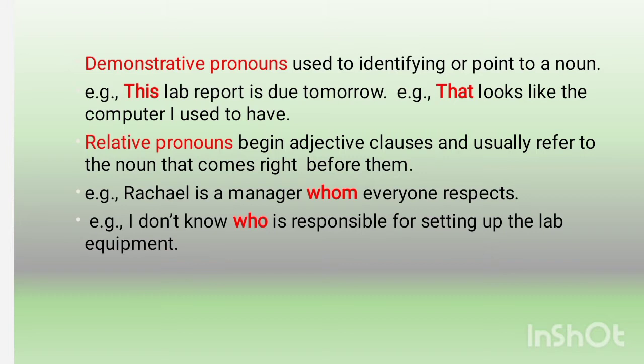Whom and who are relative pronouns because they begin adjective clauses and usually refer to the noun that comes right before them. Whom here refers to Rachel and who here refers to I.